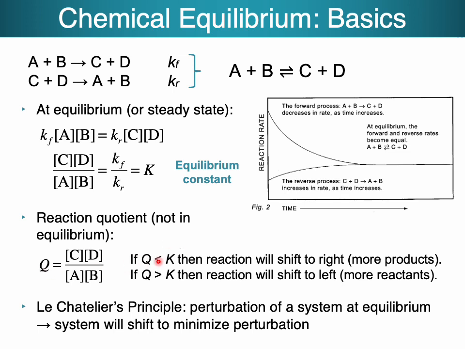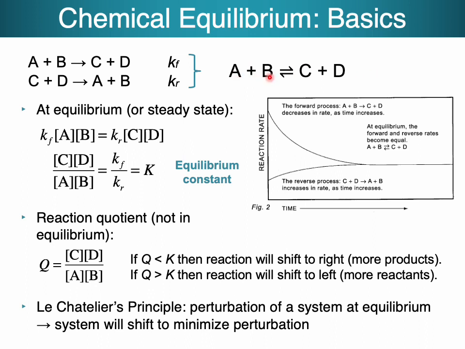If Q is smaller than K, all right, which means that there are more concentrations of A and B than at equilibrium. So the forward reaction would then dominate over the reverse reaction, and the reaction will shift to the right.